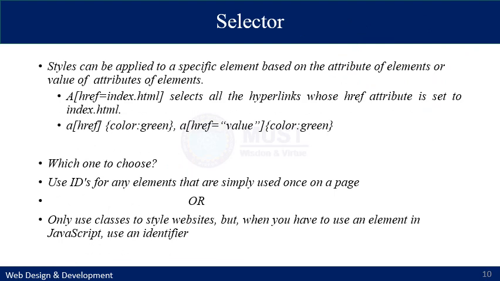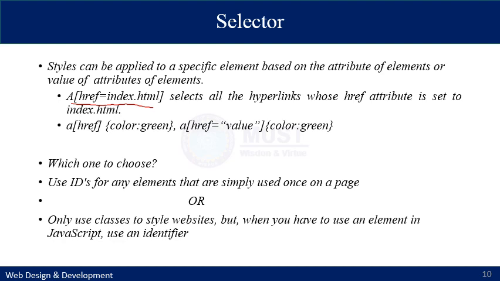A style can be applied to a specific element based on the attribute of the element or the value of the attribute of the element. For example, you can apply the style to anchors which have the href equal to index.html.